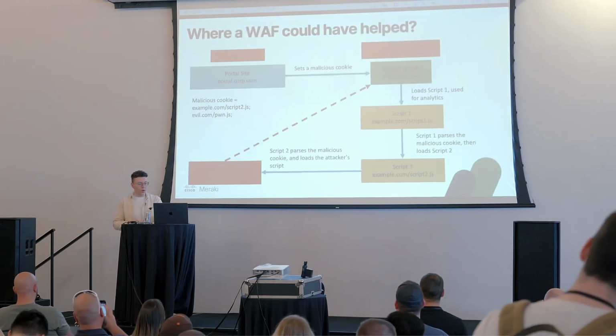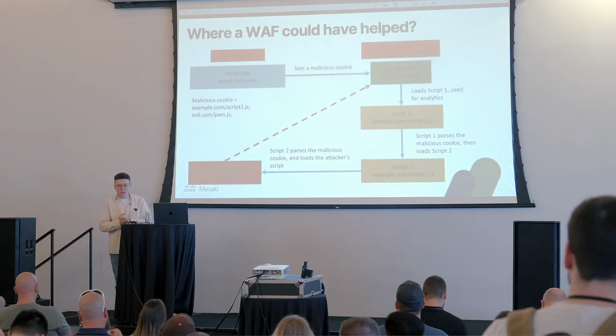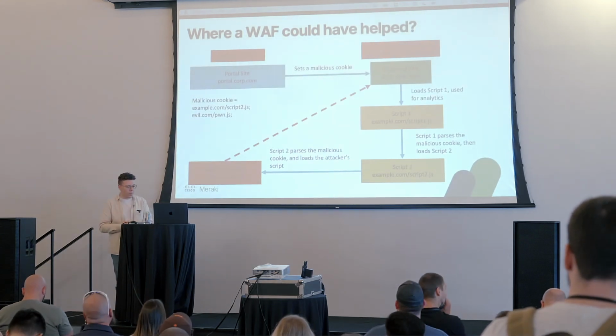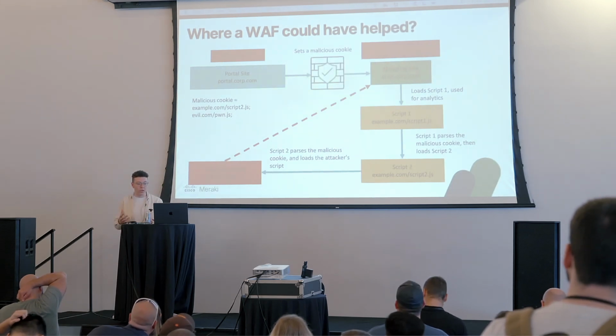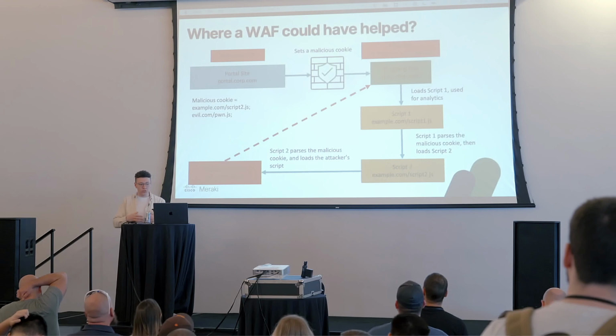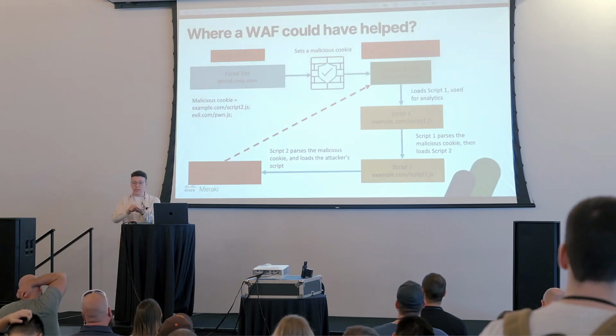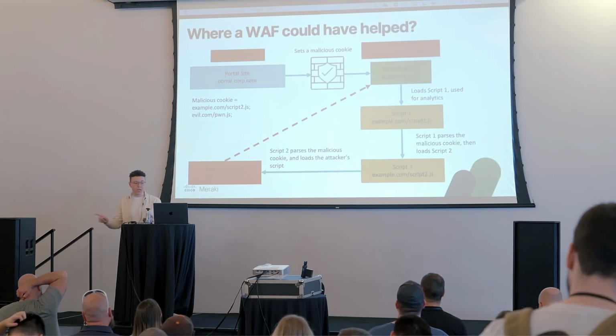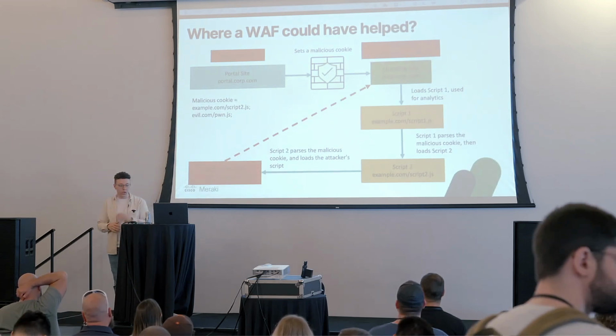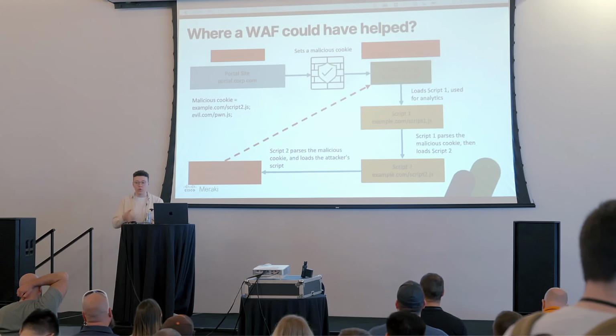And so if we look back at our attack example, where could a WAF have helped us here? Well, had we configured a WAF in front of the shopping site when the reflected cross-site scripting attack was initially set and then redirected the user to the shopping site, the WAF would have caught this and it would have cut the connection and it wouldn't have allowed the redirect to go through.